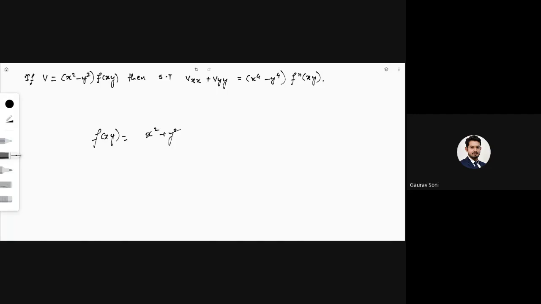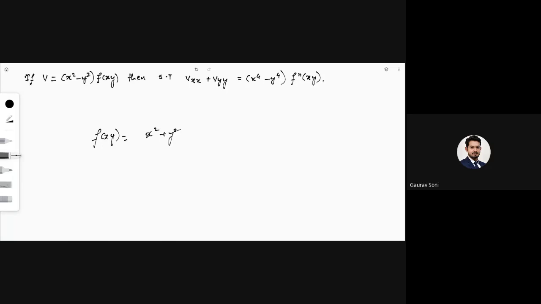Sarvesh, is it correct? Pratik, is it correct? F of xy is equal to x square plus y square. I don't think so. I'm not sure. Tarun Gupta, is it correct?